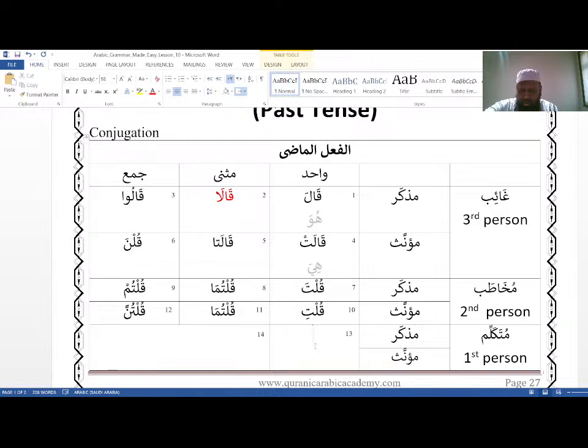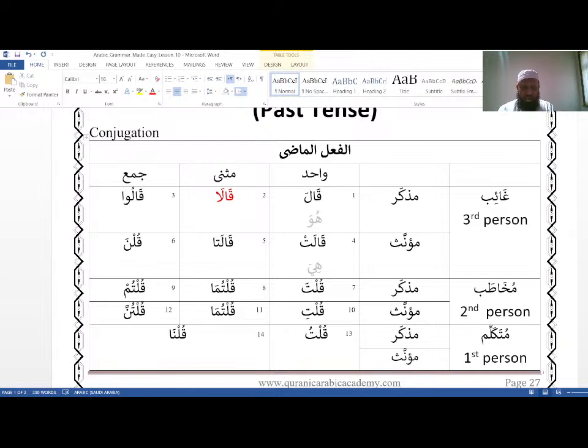For واحد مذكر and مؤنث متكلم, we need the damir of متكلم, which is ta. قلت, I said. And for jama mutakallim, we need na, the fa'il. قلنا.